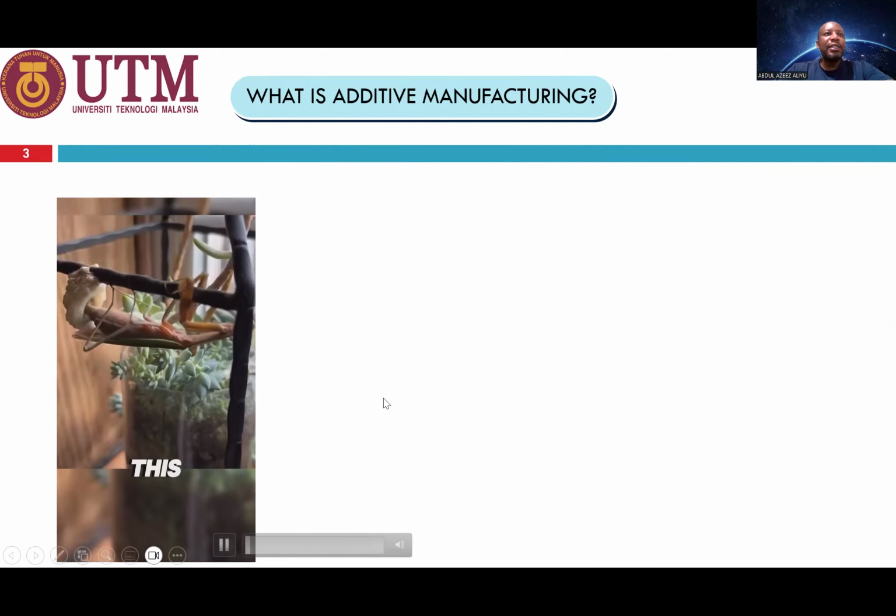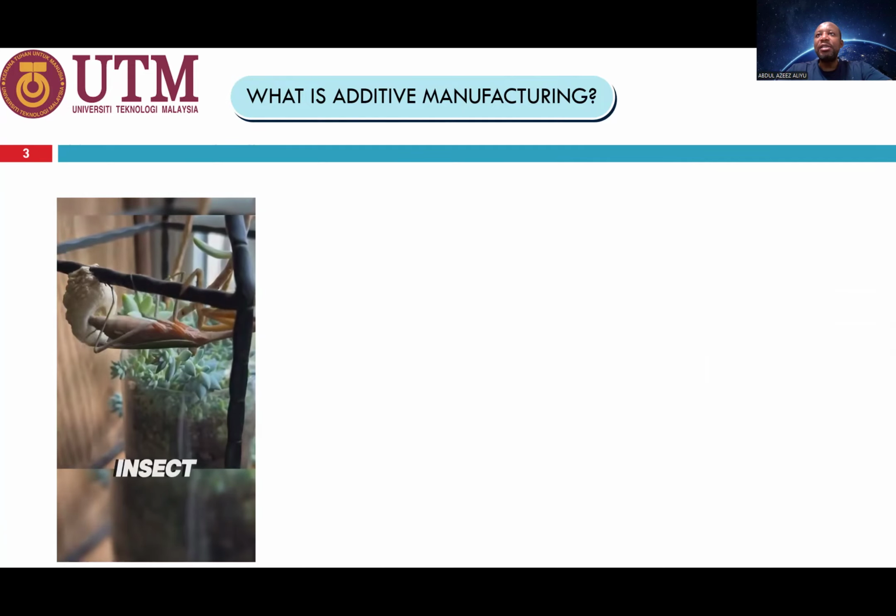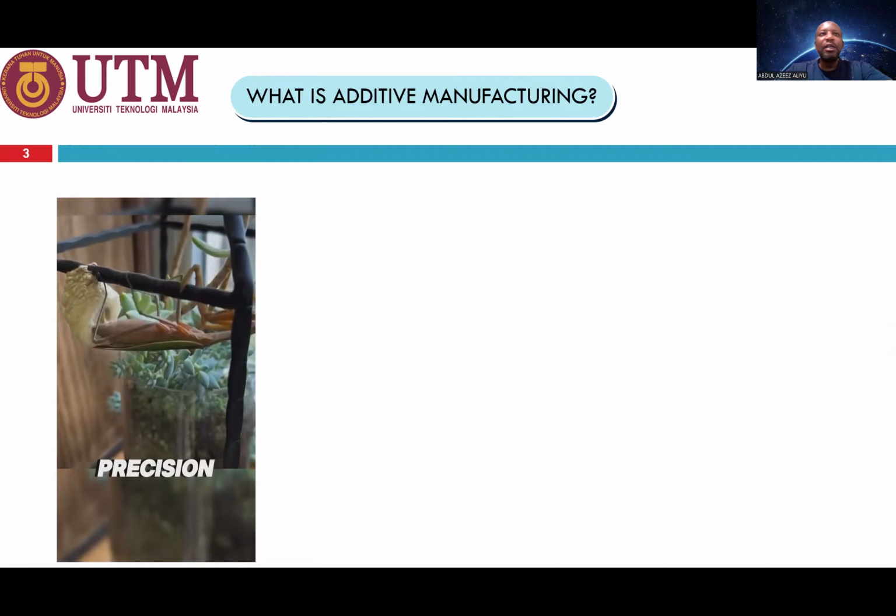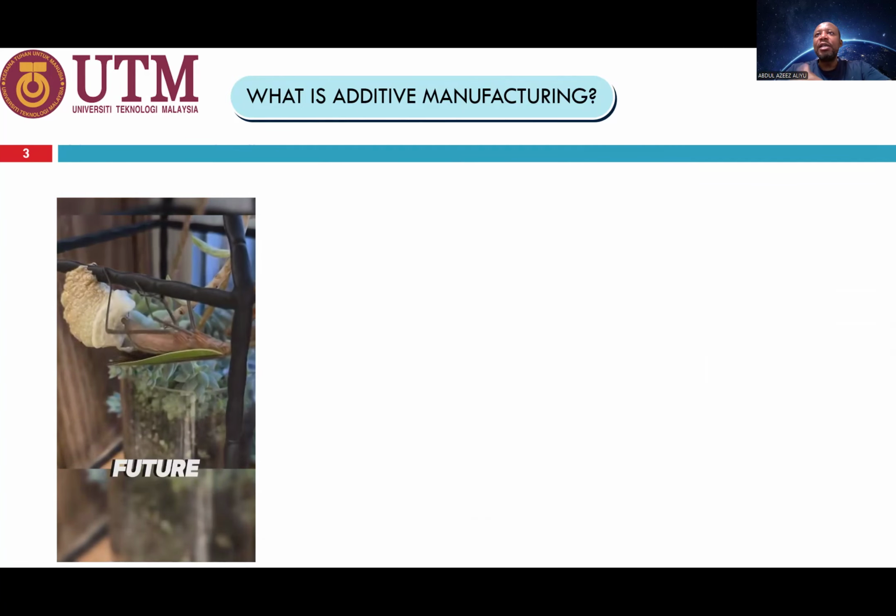You can see an insect using the concept of additive manufacturing, creating its own nest with saliva as the raw material and the branch of a tree as the substrate material. So this is the concept of additive manufacturing, which has been in existence for many years.